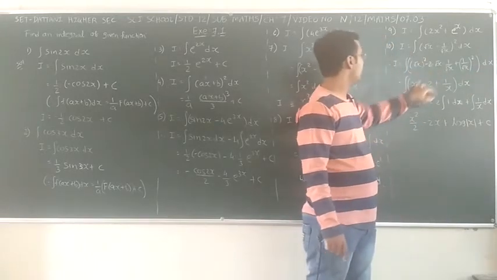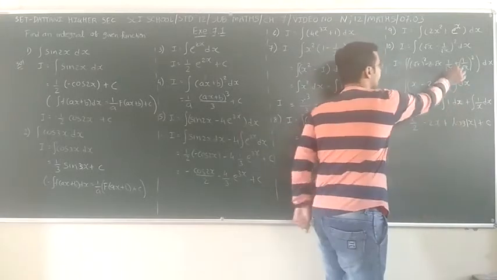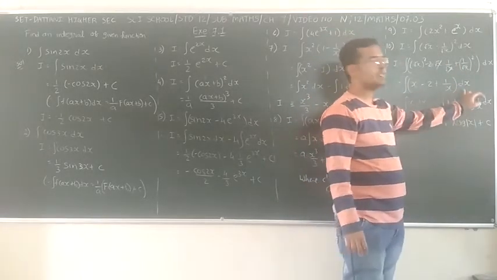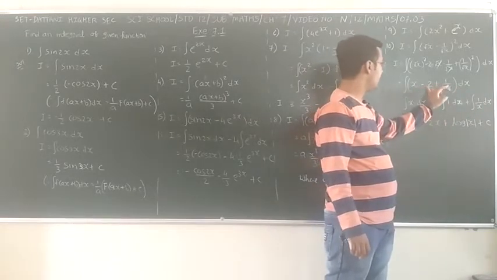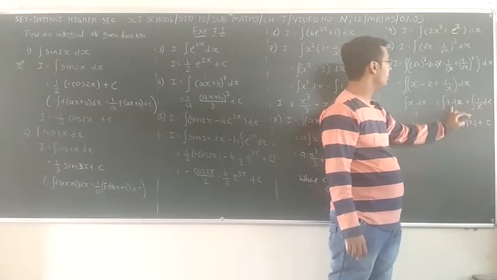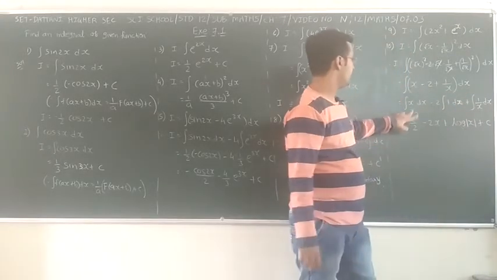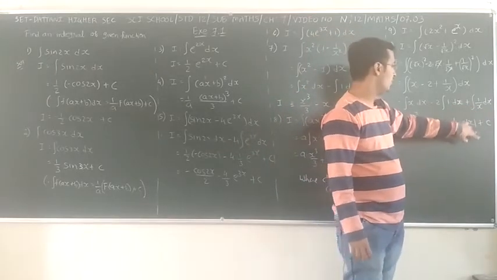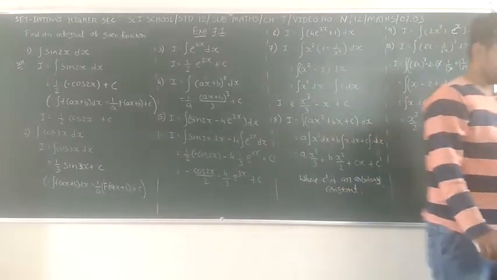Root x square is x, minus 2, root x cuts, and (1 upon root x) whole square is 1 by x, dx. Now separate: integration of x dx minus 2 integration of 1 dx plus integration of 1 upon x dx. x gives x square by 2, minus 2x, plus 1 upon x gives log mod x, plus c. Note down all the sums.